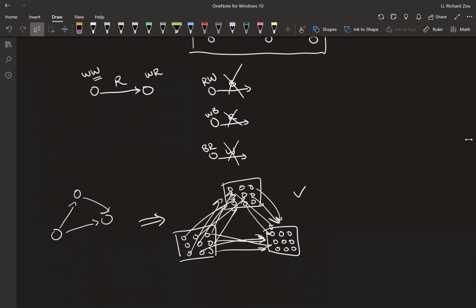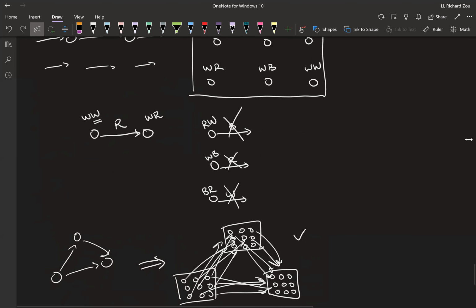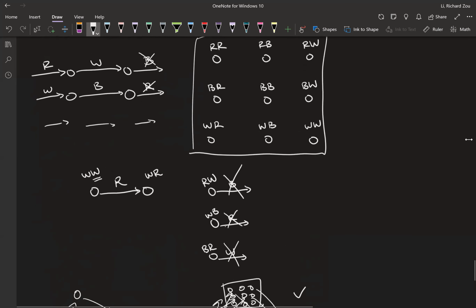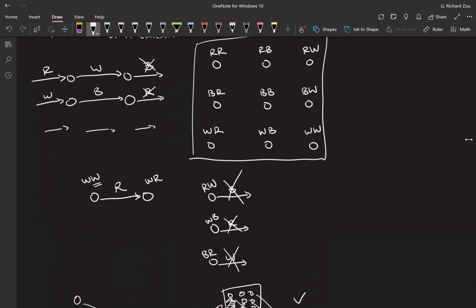So where do you get WB, WR from? Where's the W, where's the R? These labels represent the last 2 edges we took to get to a node. So if this node is labeled white, white, it means the last 2 edges traversed were white and then white.